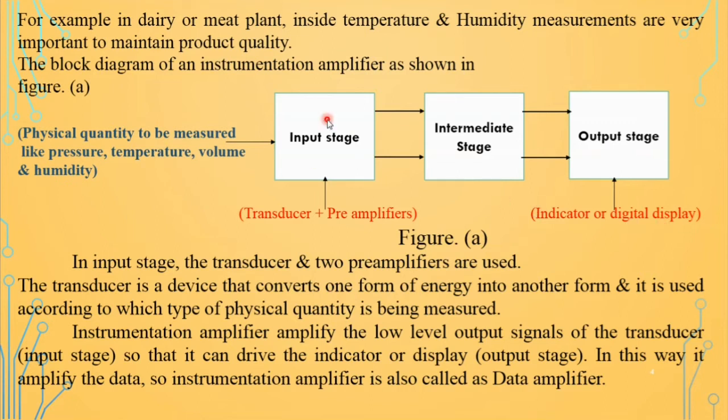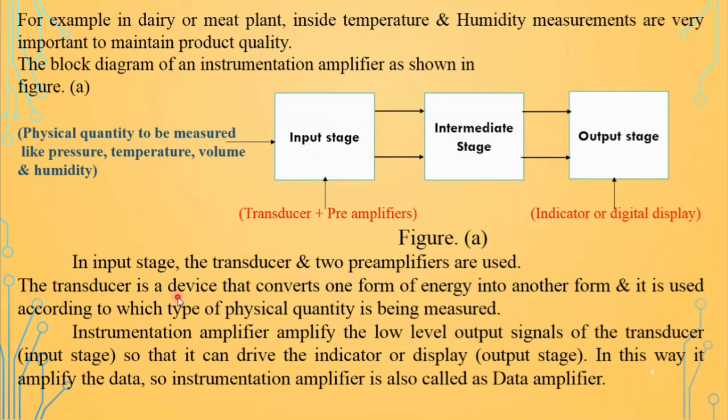Whatever data is measured, that is sensed using the transducer, and then there are two preamplifiers, and after that it transmits it to the intermediate stage, and the output stage displays the reading for temperature, pressure, volume, humidity. So in the input stage, the transducer and two preamplifiers are used.